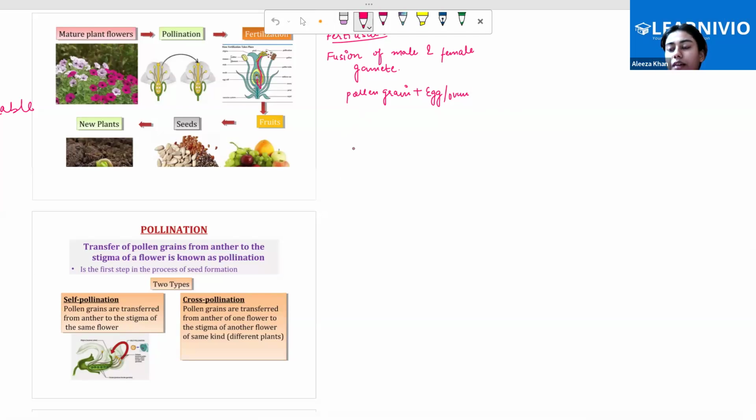How do the pollen grains fuse with the female gamete? The pollen grains travel down through the style till the ovary, and then the fusion takes place between the ovum and the pollen grains. Very good. So up till now everything is clear, Shreya? Any doubt in any of the parts?